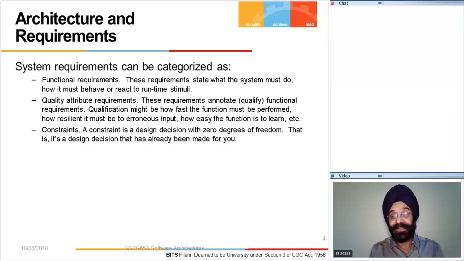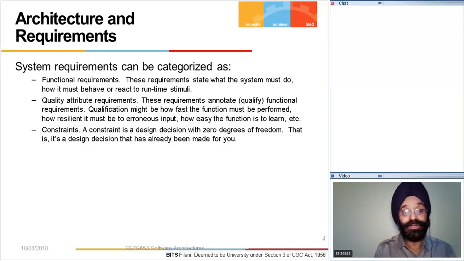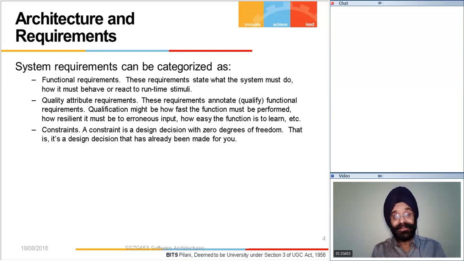The third category of requirements is about constraints. The stakeholders sometimes talk about constraints that they impose. They will tell you use any RDBMS you like as long as it is Oracle. They tell you that we would like to have the database available locally.